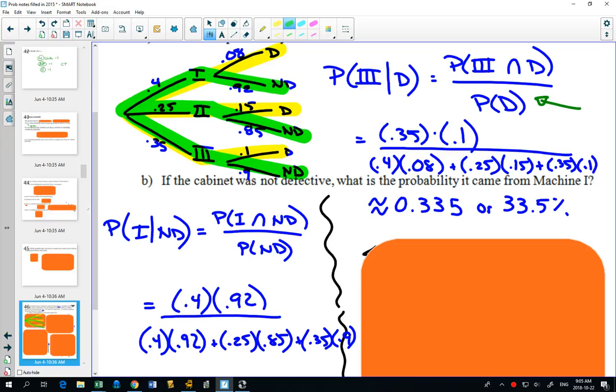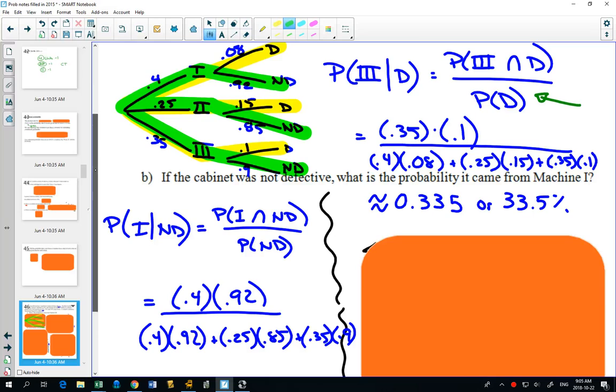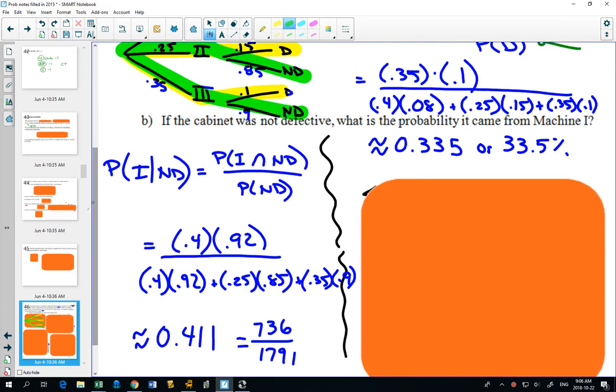And add them all up, and we get our total here, which is 0.411, which apparently reduces as a fraction to 736 out of 1,791. Huh. So we figured out each of these probabilities by using the formula.